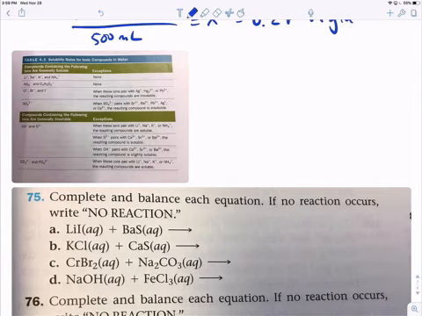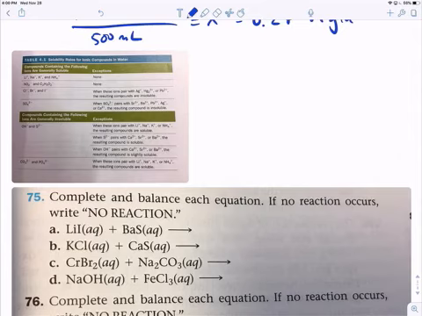So for this one, look for lithium sulfide. All alkalis are soluble, so lithium sulfide is soluble. Barium iodide, halides tend to be soluble, with the exception of silver, mercury 2, or lead 2. That's not an exception.